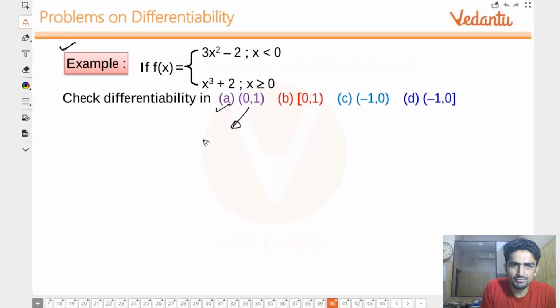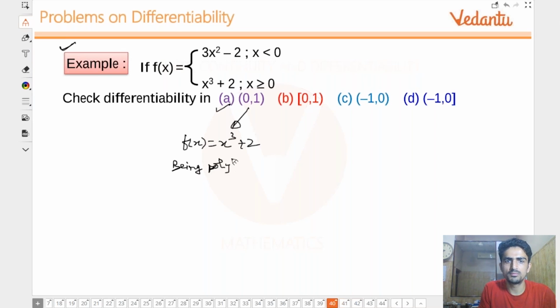And when I see the function between 0 to 1, it is x cube plus 2. Try to see, for x greater than or equal to 0, this is my function. Being a polynomial, it is differentiable. Issues finished.